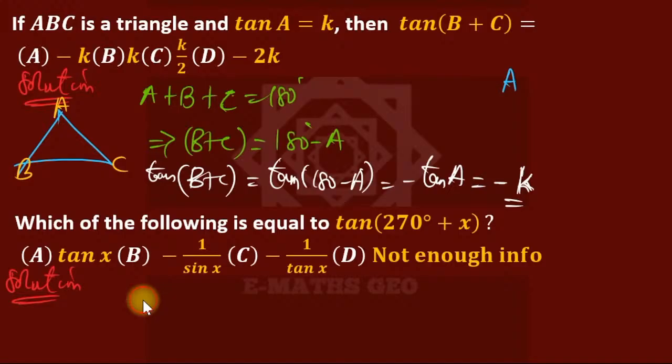See how I solve this. I can write 270 plus x as 360 minus (90 minus x).